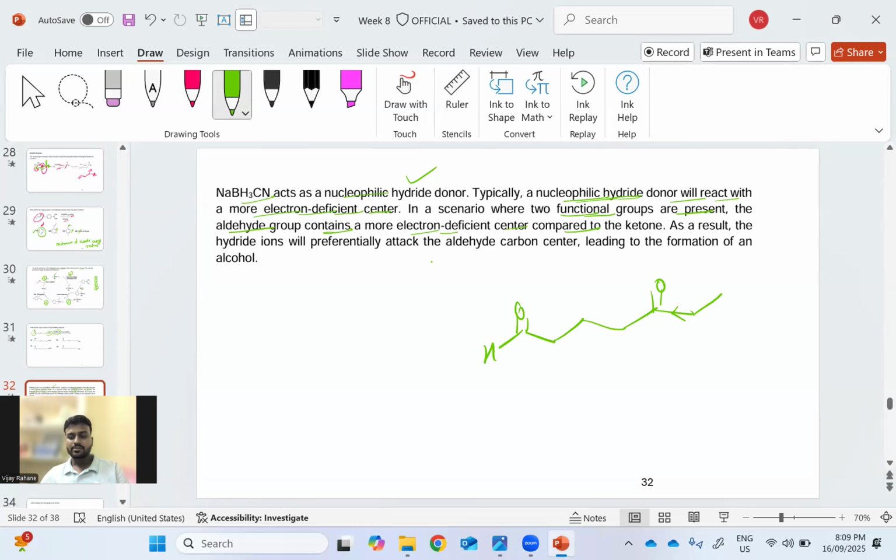Because of the +I inductive effect, the ketone center will be less deficient compared to the aldehyde center. Here there are two inductive effects, here only one. So this is the more electron deficient center.